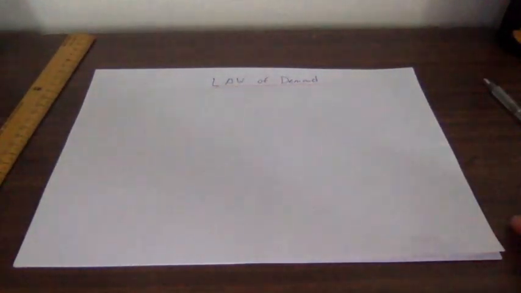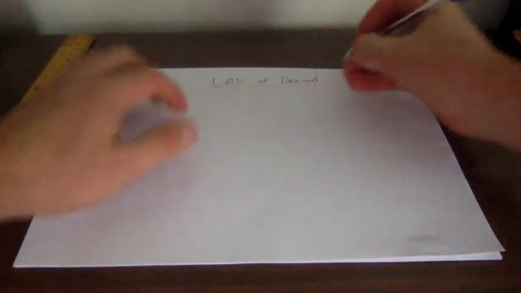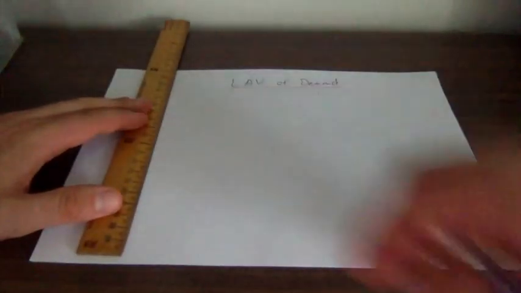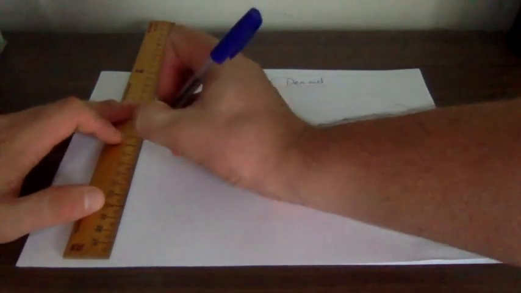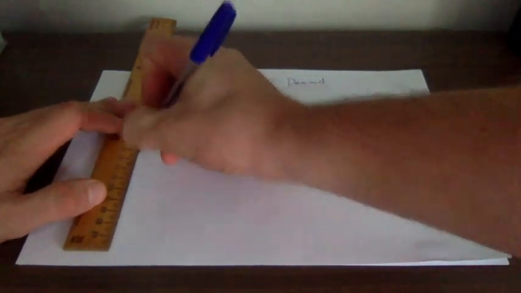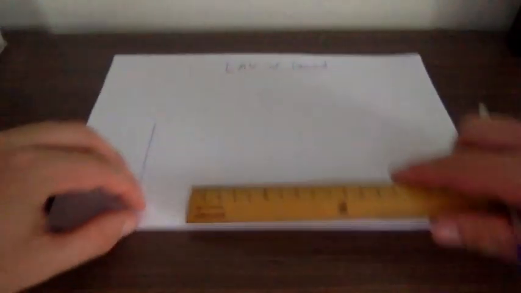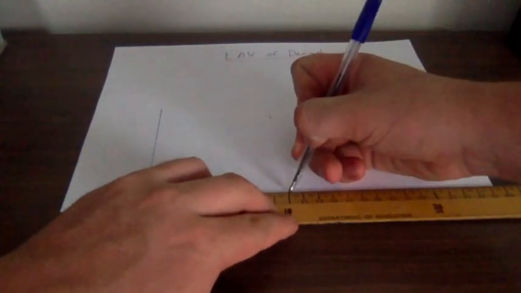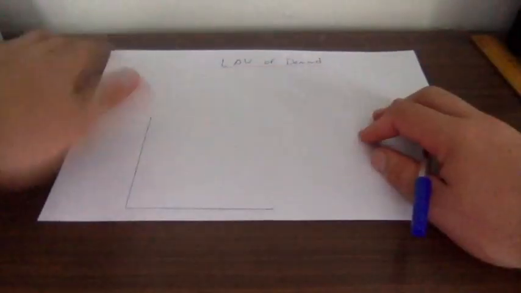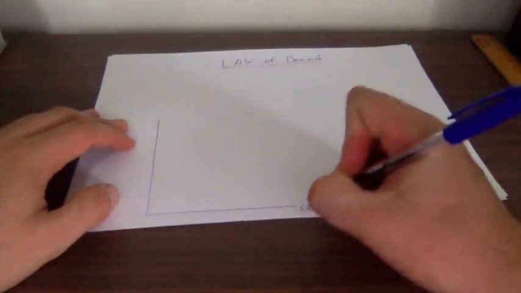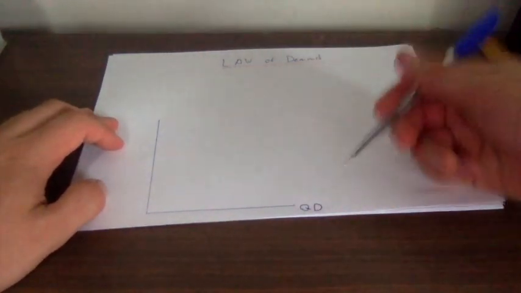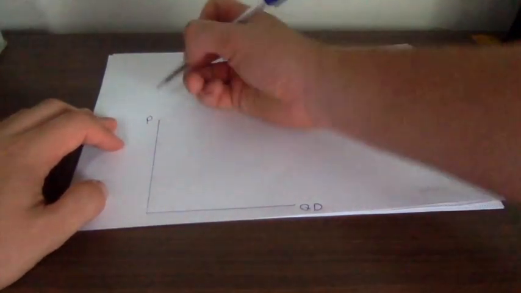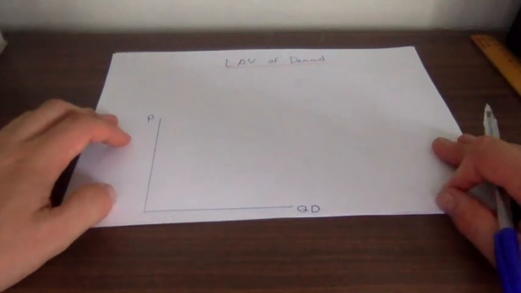So law of demand, put very simply, is basically when you have two, so if you've got a product, right, so if we go down here, so if you have a product and you're trying to sell it, so always quantity of demand is on the x-axis, so the horizontal axis, and price will be up the top, and this is on the vertical axis or y-axis.